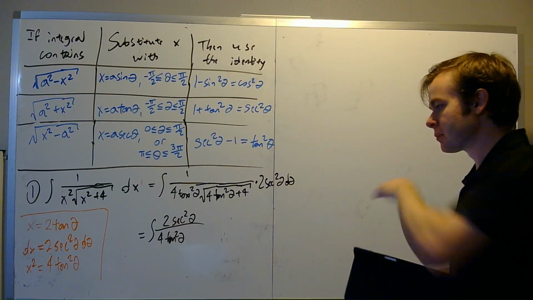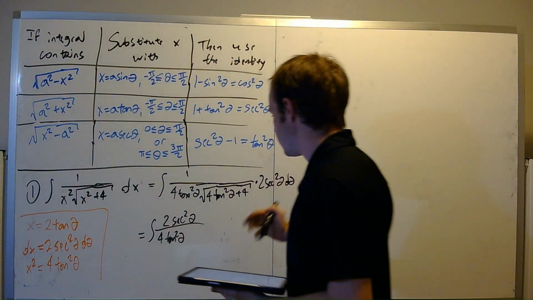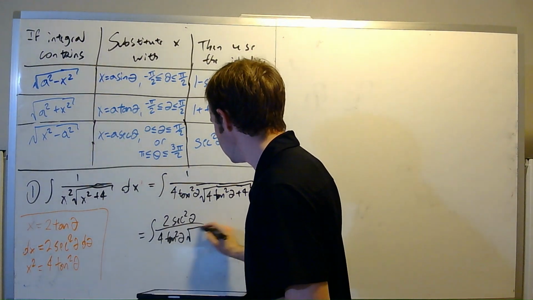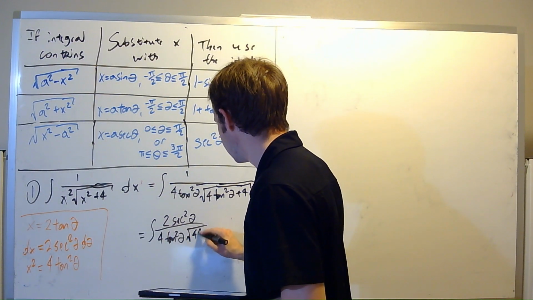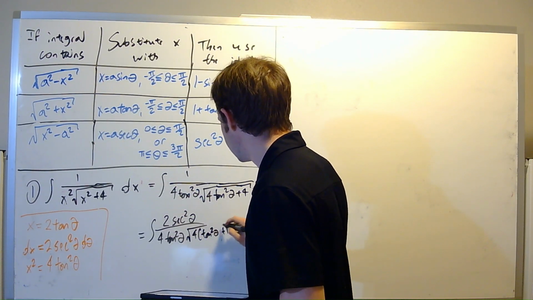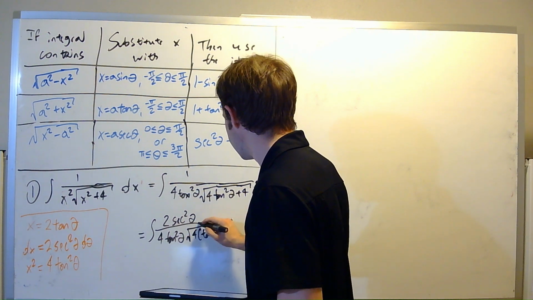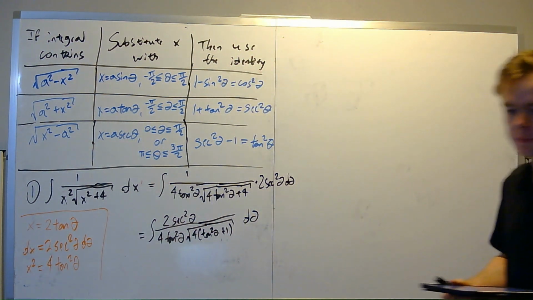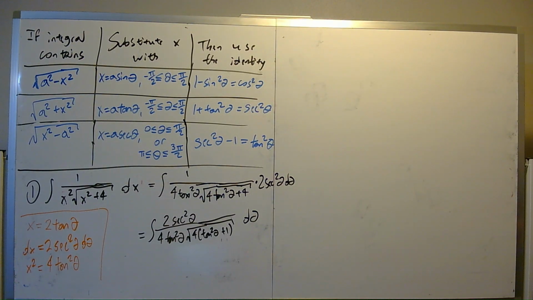Notice here, inside of the square root, we can just factor out 4. So we're going to factor out the 4 times tangent squared theta plus 1, d theta. Okay. So now this is the integral that we're trying to take.